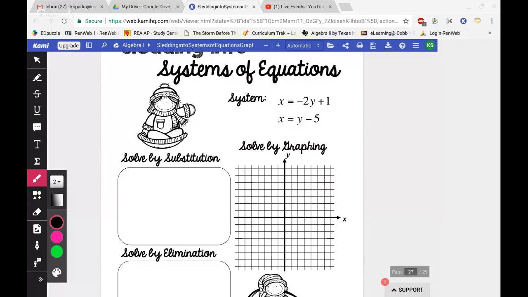I worked out the substitution and the elimination, but I didn't work out the graphing on those, because some of them are pretty precise where they intersect. So when you're trying to hand draw them yourself, they don't come out right. You really need the graph paper. Yeah. But we'll start at the beginning.